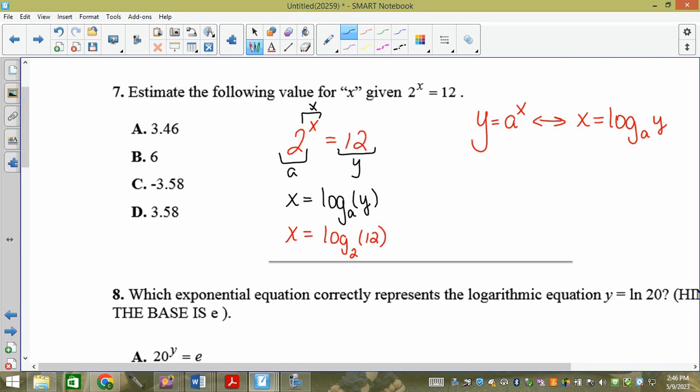Some of you have to type it in like this. Some have to do this. If you have older calculators, that's the only way you can type it in, right? Everyone's typing it in. Which one did we get? 3.58.